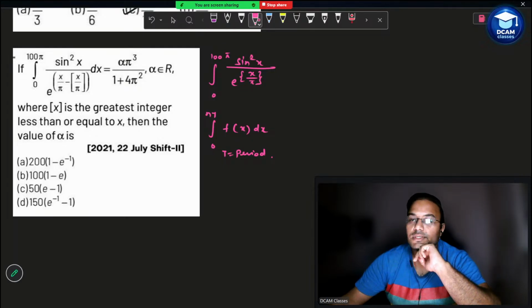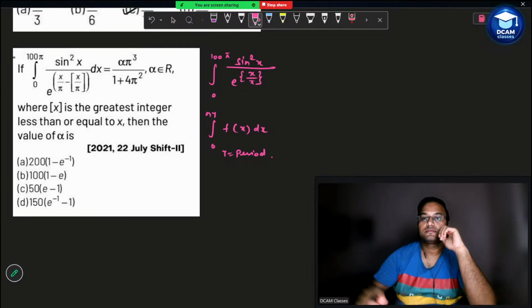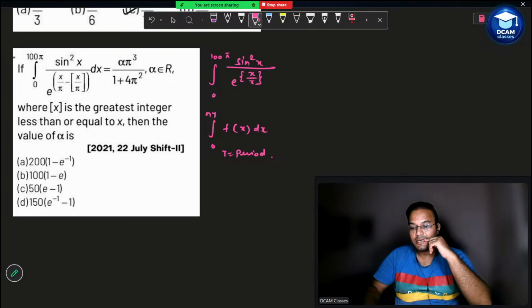Can we do the same thing here? Pi is a period. Can we put pi as the period here? Yes, sir. Because x can be x plus pi, so the upper part would be the same.